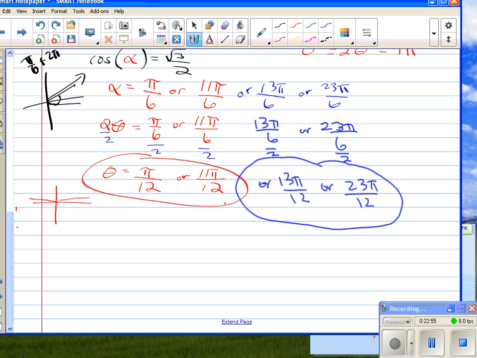What's that? Yep. 13 pi over 6 is just pi over 6 plus 2 pi. Because in order to add these together, you need a common denominator, right?